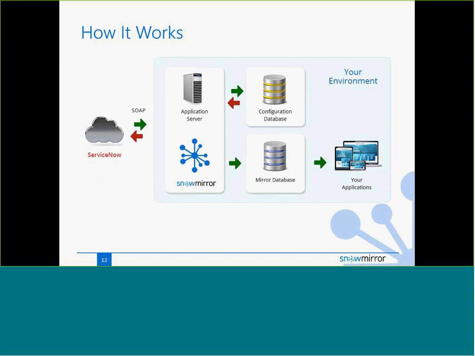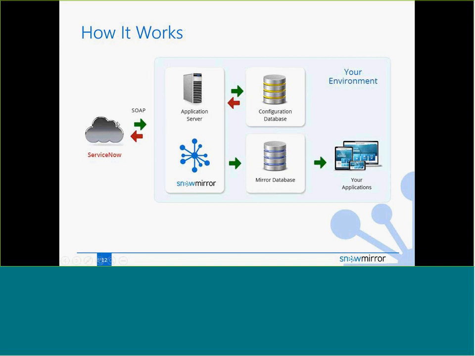How does it actually work? Again, this is a very similar picture as the last one. So here on the left, there's a ServiceNow cloud instance. The rectangle is under your control. This is your environment. In order to make SnowMirror work, you install it on one of your servers. It's not a resource-intensive application, so even a small virtual server is typically enough.